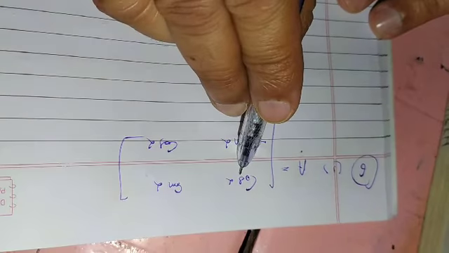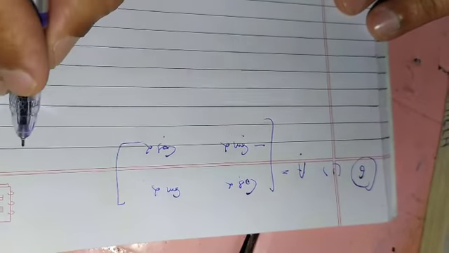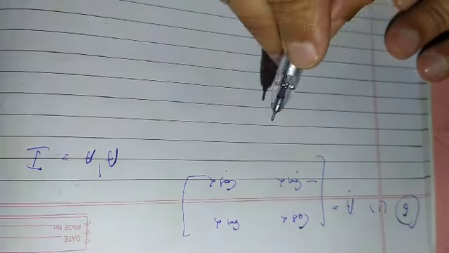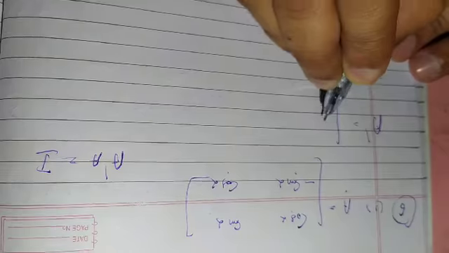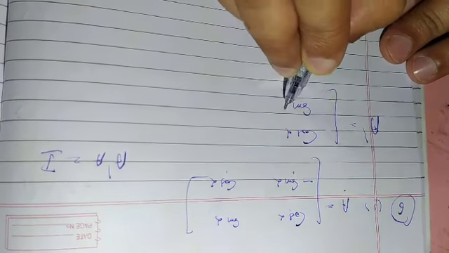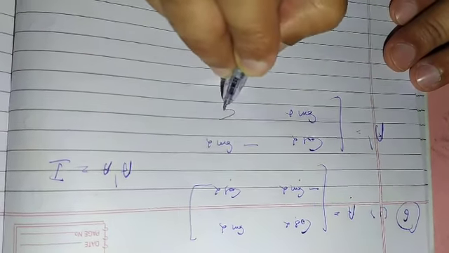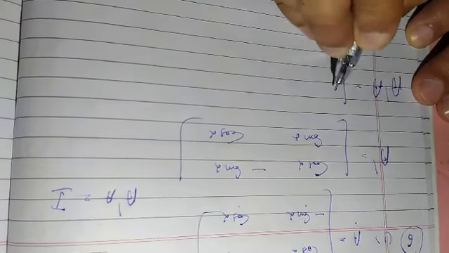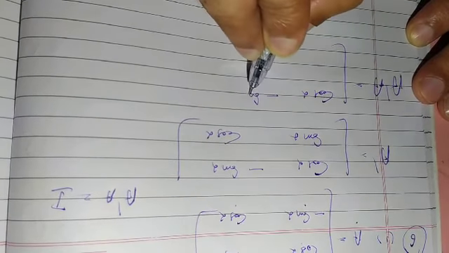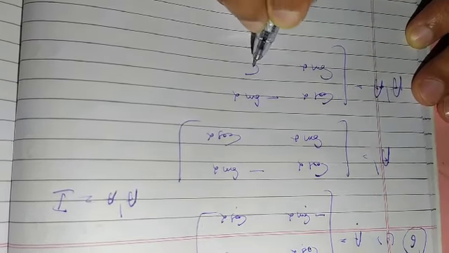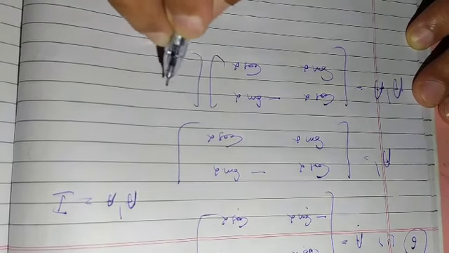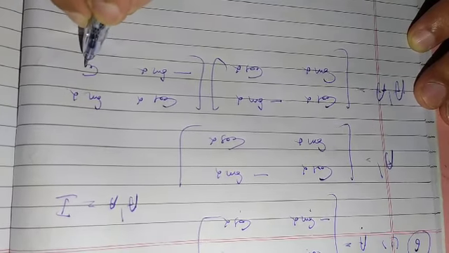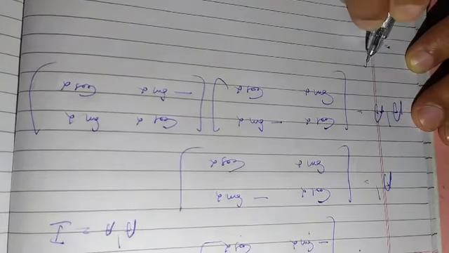A is equal to cos alpha, sin alpha, minus sin alpha, cos alpha. Verify that A transpose A is equal to identity. A transpose is cos alpha, minus sin alpha, sin alpha, cos alpha. A transpose into A. We multiply this.